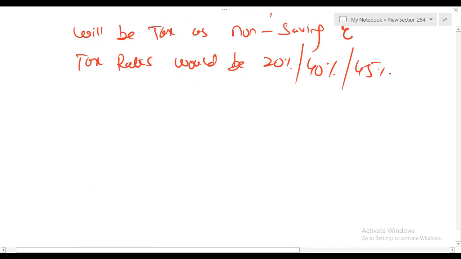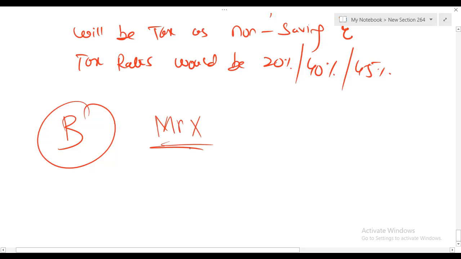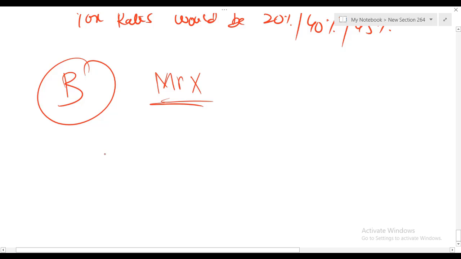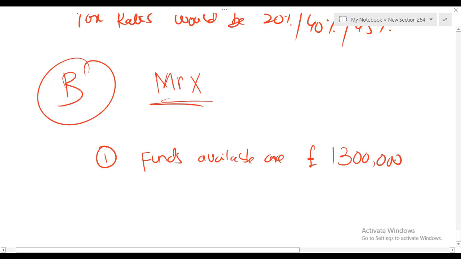Now let us see example 2, scenario 2. This is extremely important. Let's say again Mr. X has reached the retirement age, but this time at retirement, funds available are, let's assume, 1.3 million. Obviously 1.3 million is higher than the lifetime allowance.